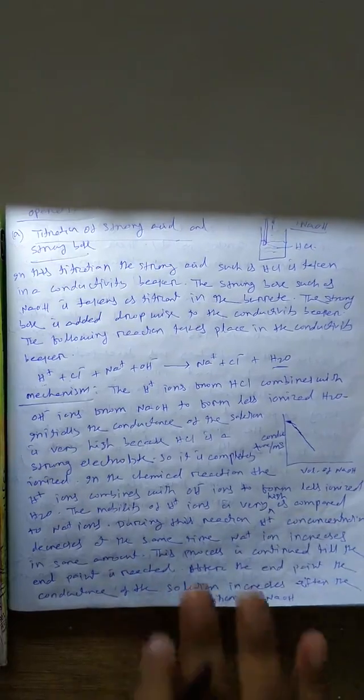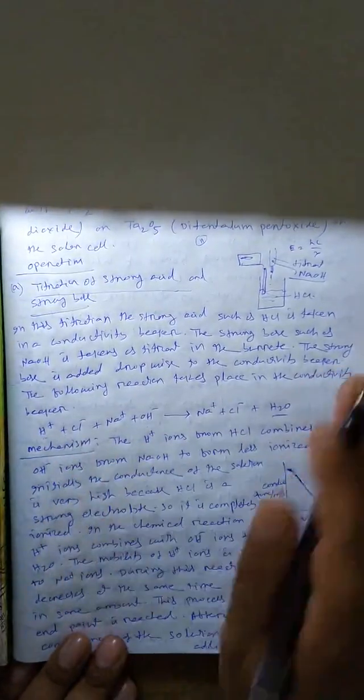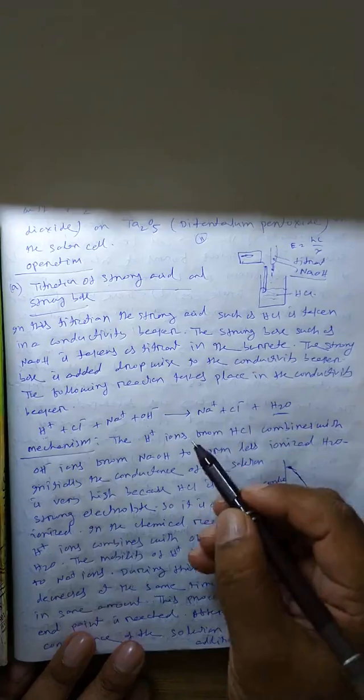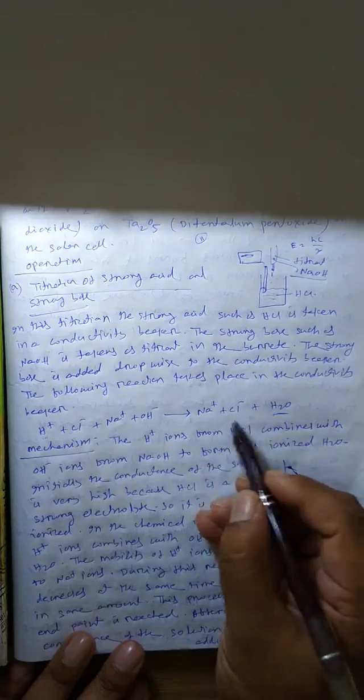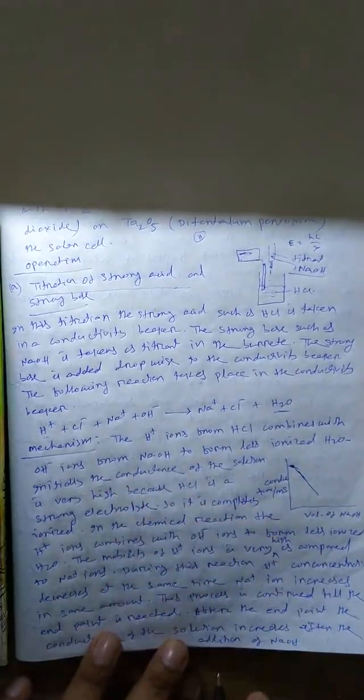Then why does it increase? Because whatever HCl was formed was consumed, combined with Na in sodium hydroxide, and converted into Na plus Cl minus, and water is formed. So all H plus ion is consumed.